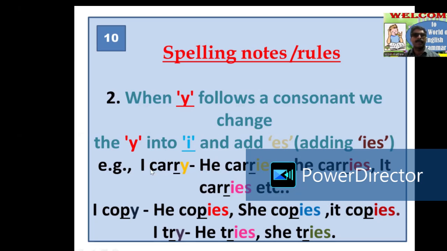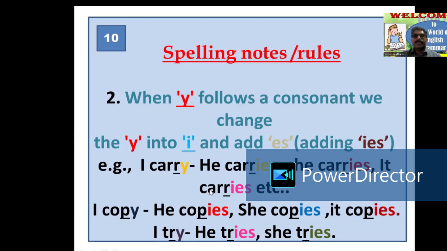What is the change here? In carry, there is a consonant sound R. After the consonant sound R comes Y. Then that Y becomes I, and we will add an ES with that I. Then I carry becomes he carries. I carry becomes she carries.